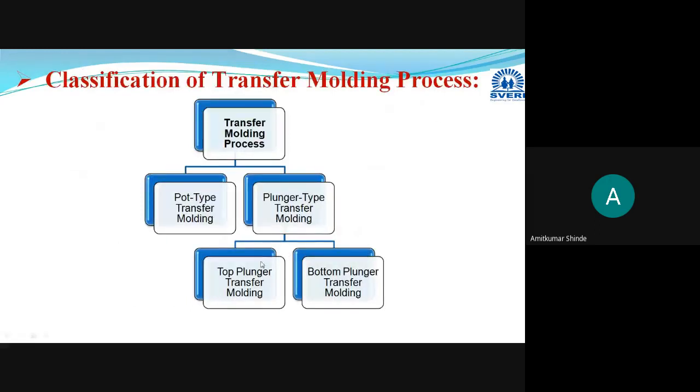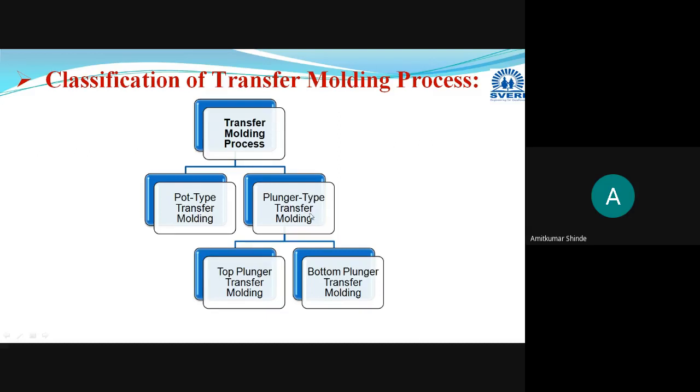Now you have understood this. This classification is done on the basis of the direction of transfer of the charge or preform from the transfer pot to the cavity. When it is done through vertical channels, it is termed pot type transfer molding, and when it is done through horizontal or lateral channels, it is termed plunger type transfer molding process.